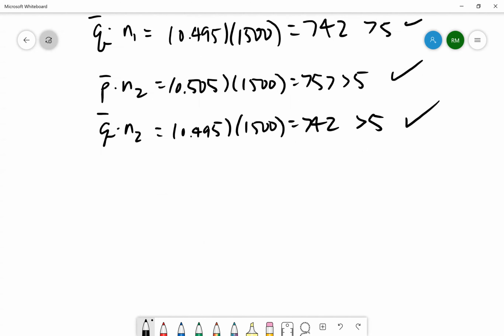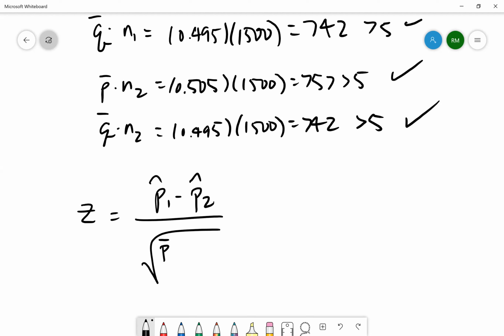So what the hypothesis test tells us is that our z variable is P1 hat minus P2 hat over this expression. So we need to find out what P1 hat and P2 hat are.